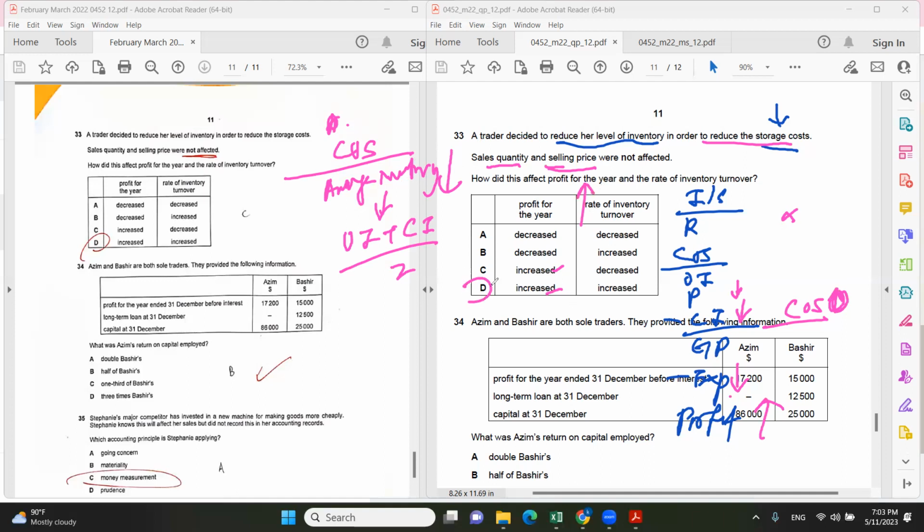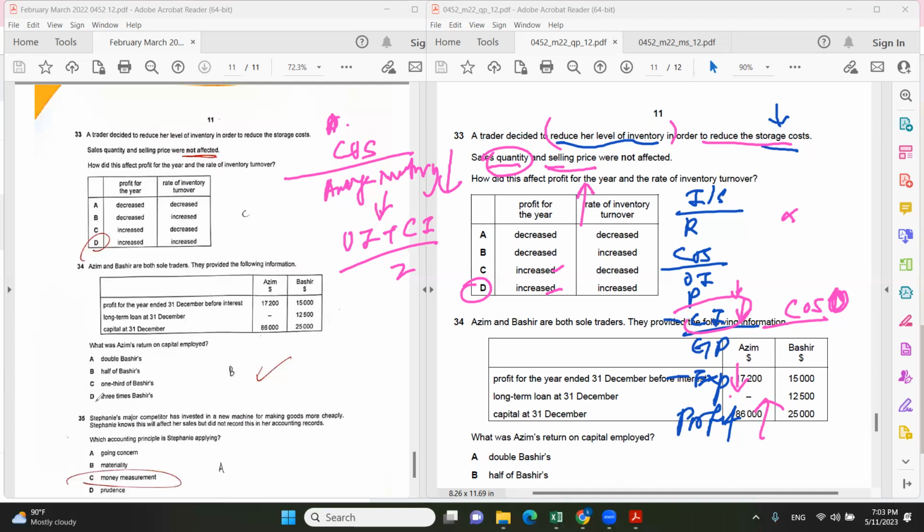So both increase, because when I reduce the inventory, basically I reduce my purchase, then only my closing inventory will reduce because quantity has no change. Okay, that's the main point for this part.